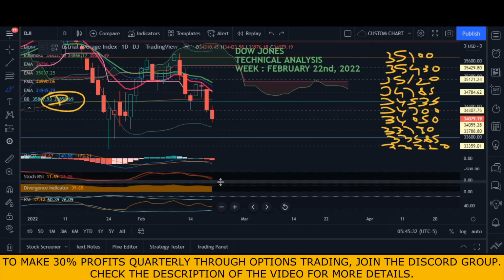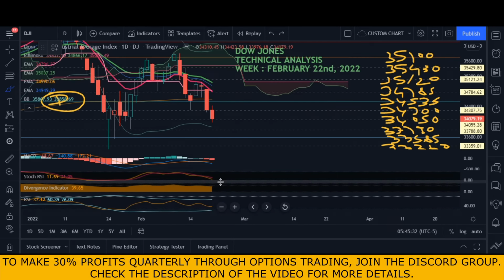Now let's deduce the movement of the market. See, this is the 200-day moving average. Because the market was coming down heavily on Tuesday, and Monday is the holiday, on Tuesday, 22nd of February, there are very heavy chances the market will come down.